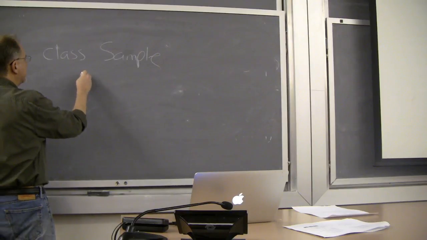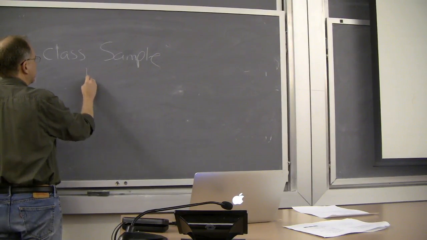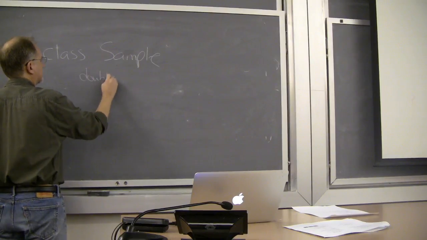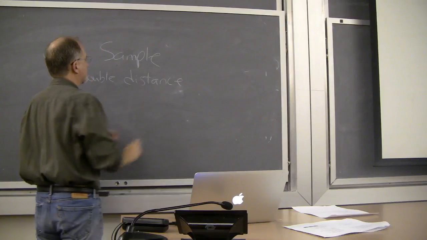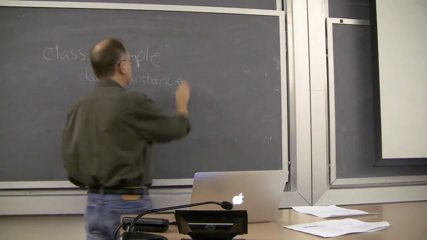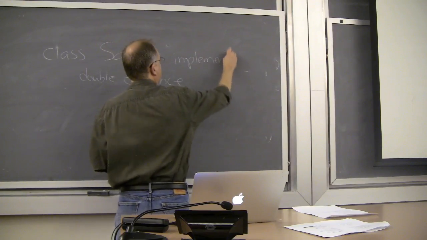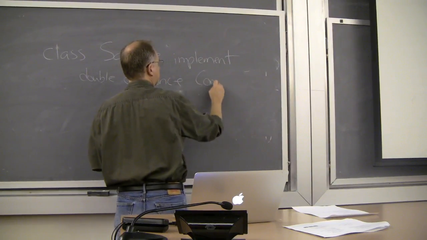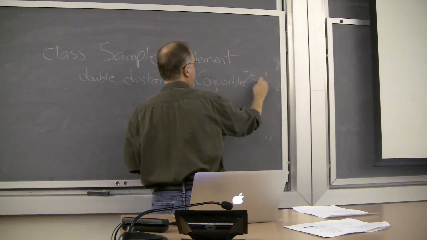It has some instance variable in it, like double distance. We want to somehow sort objects by their distance. We need to implement Comparable of Sample.